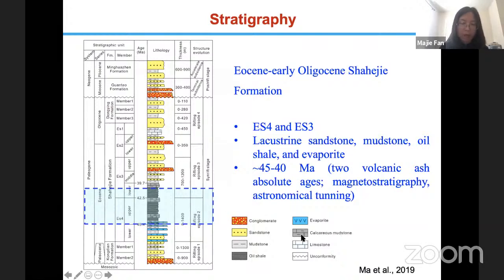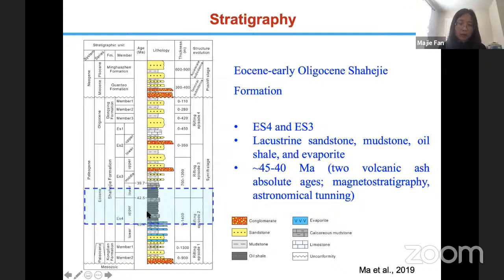So they're basically dominated by these two lithologies. There's a little bit of evaporite at the very bottom of the studied interval. Overall, we're going to be looking into the upper part of the fourth member and the lower part of the third member.